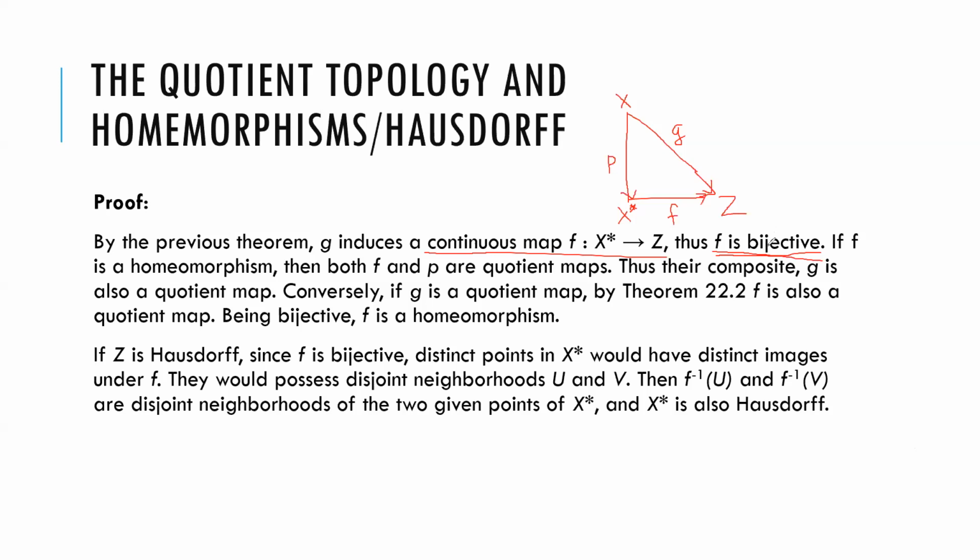How do we get the bijective part? I know that we get the continuous part, but I don't understand how we get the bijective part. Like in this statement?